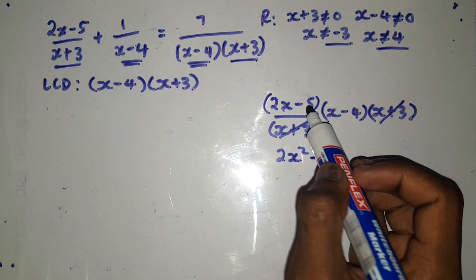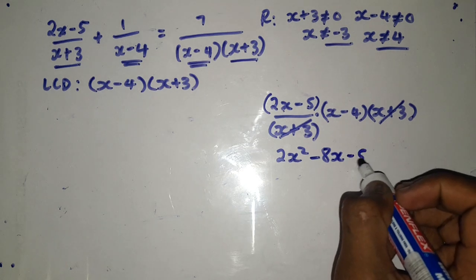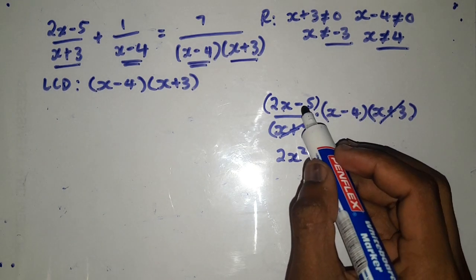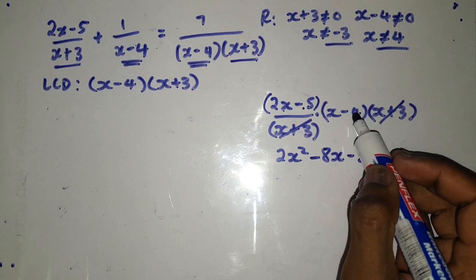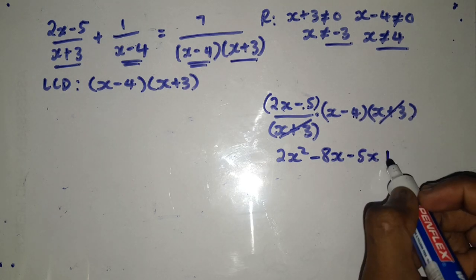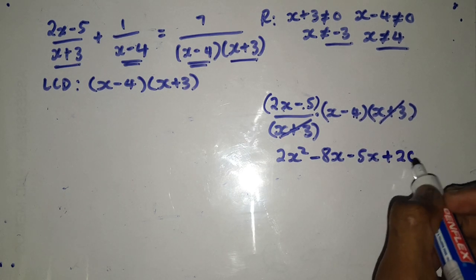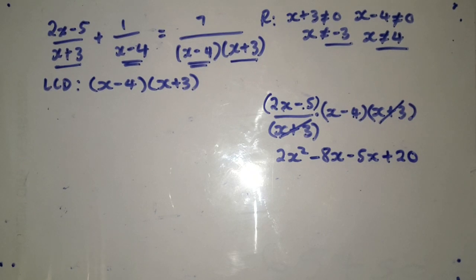Now let us take negative 5 with x. We are going to get negative 5x. Negative 5 together with negative 4, we get plus 20.